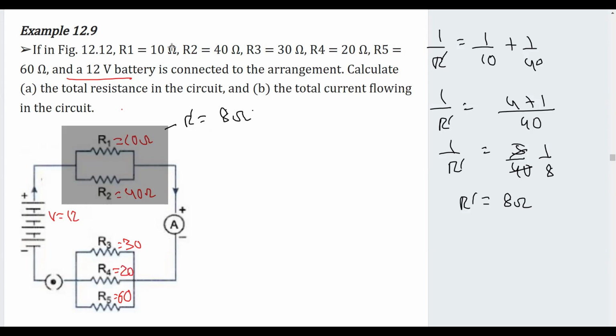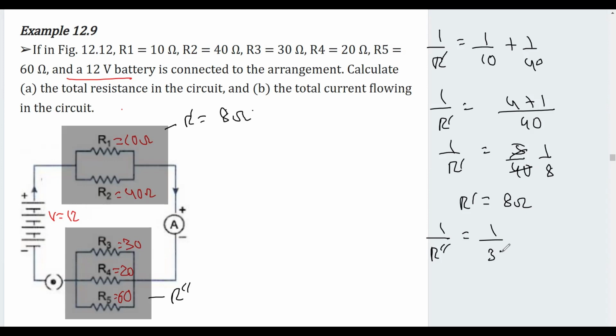So these 3 resistors are also connected independently, and they are in parallel. Now, if the equivalent resistance of these 3 resistors is R double dash, we can calculate using the formula: 1 over R double dash is 1 by 30 plus 1 by 20 plus 1 by 60.